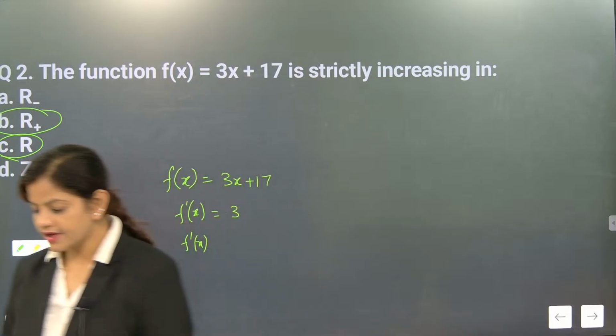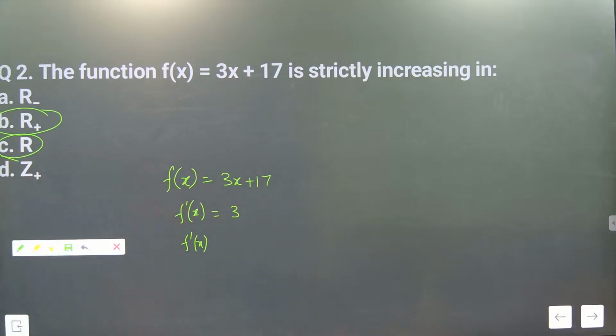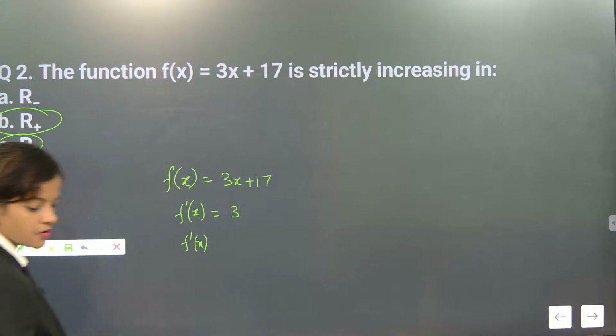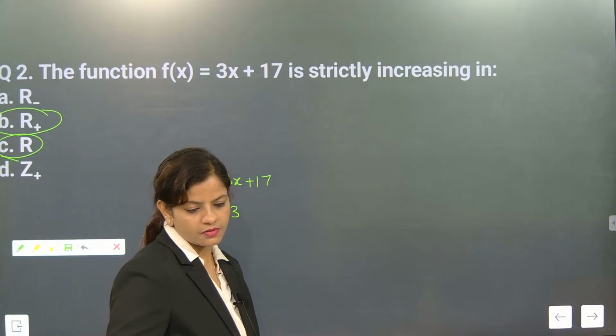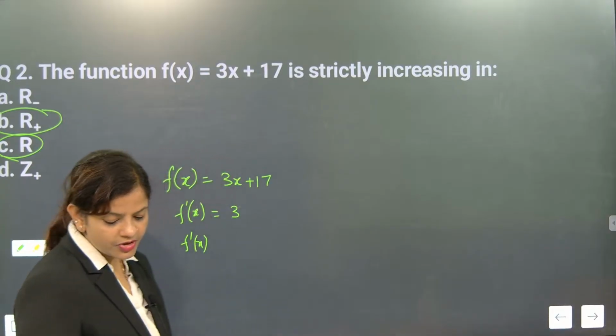Come on. I can see Watson present. It's strictly increasing in what interval? Only one person has given the answer.